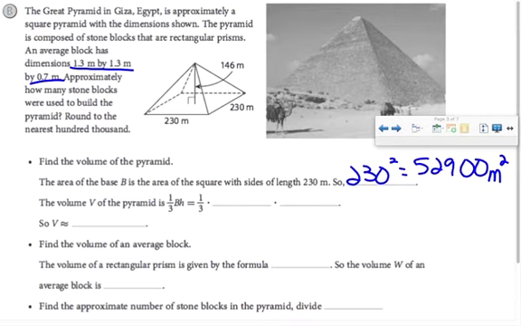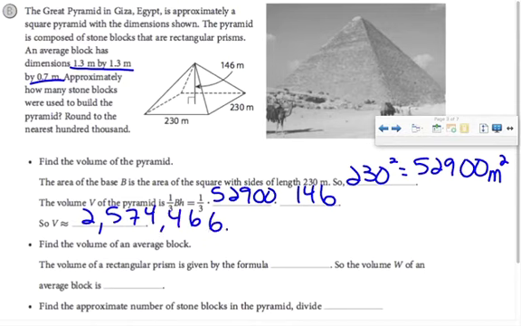So the volume of the pyramid will be 1/3 times that area, 52,900, times the height of the pyramid, which is 146. And so the volume will be approximately 2,574,466.67 cubic meters.